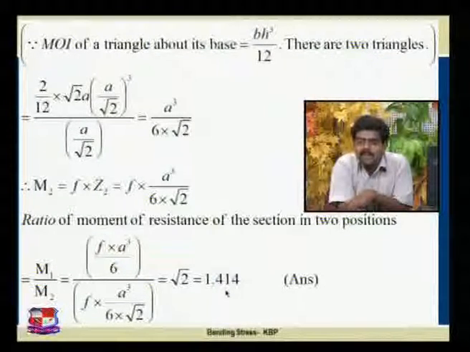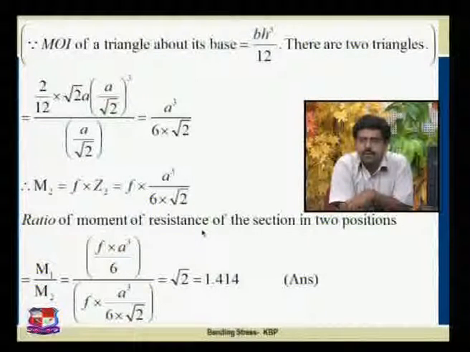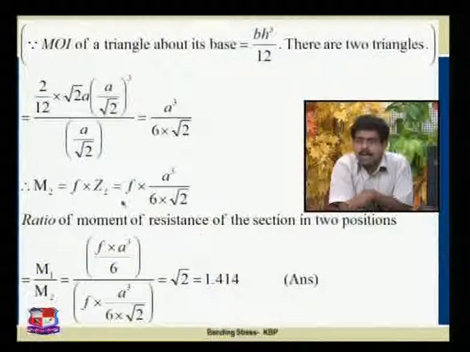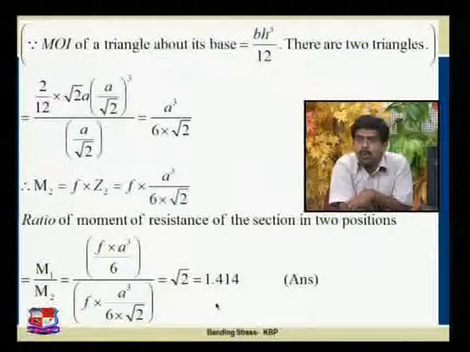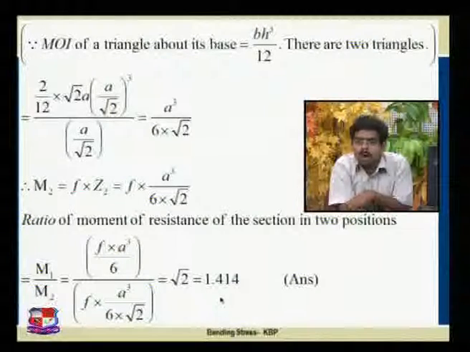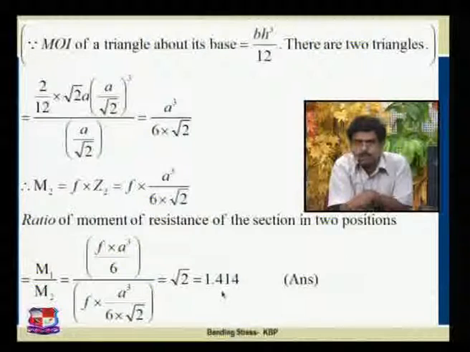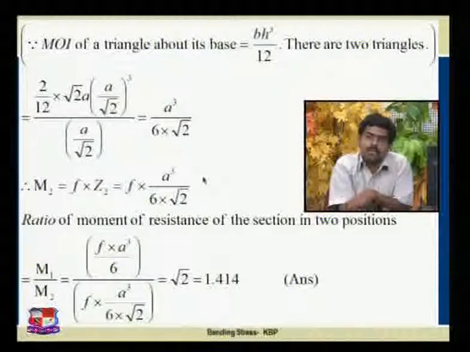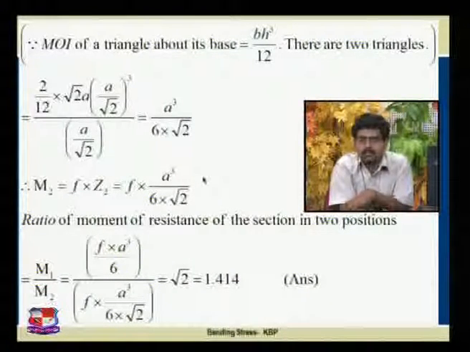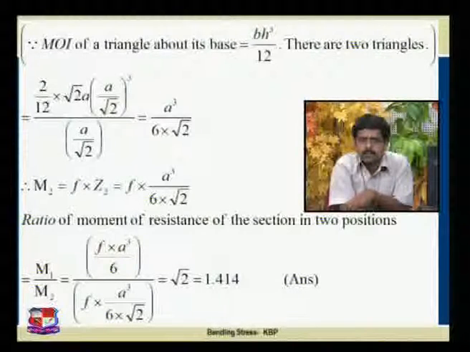It means that the moment of resistance of a rectangular or a square section where the side is horizontal is 1.4 times higher than the moment of resistance when I put that section with one of the diagonals vertical. That is the meaning of the statement.